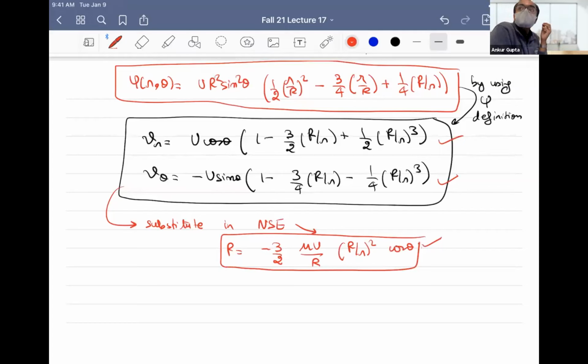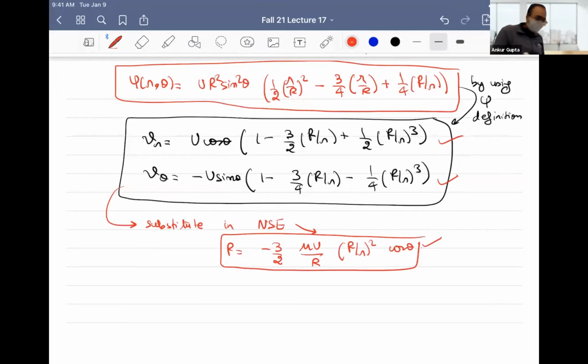So it's a truly two-directional problem; there is no difference in scale. They're both on the scale of U. And pressure, as you can see, is scaled by mu U by R, which makes sense. This is the viscous stress, because pressure and viscous stress are being balanced. So you can see some beautiful scaling coming through in this result.